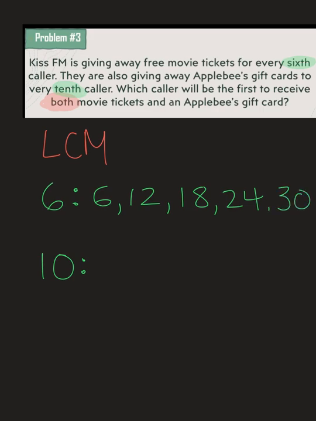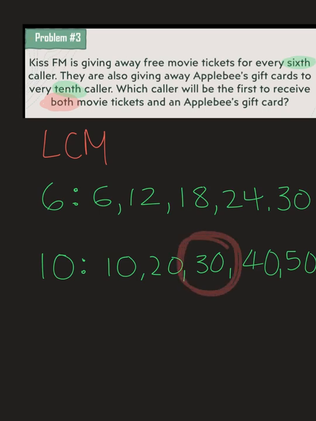First 5 multiples of 10, just as easy: 10, 20, 30, 40, 50. Yes, you could have stopped as soon as you see the number 30. Our least common multiple is 30 for this problem.